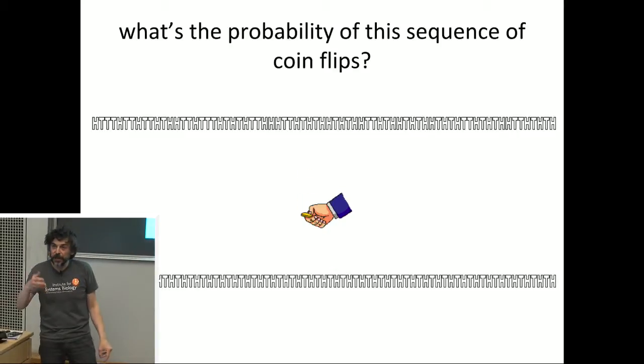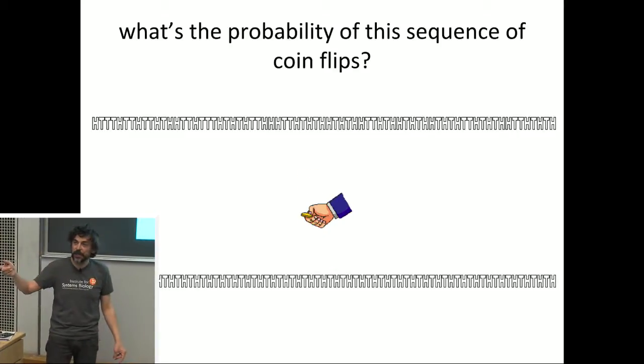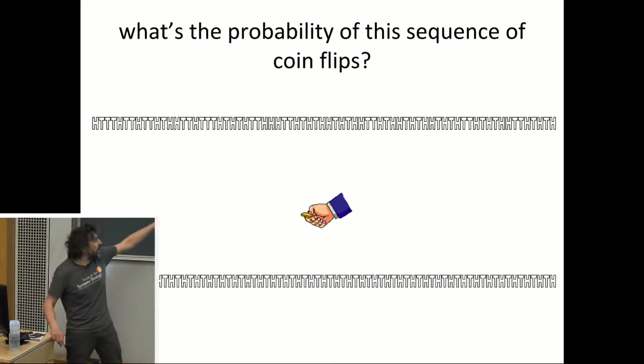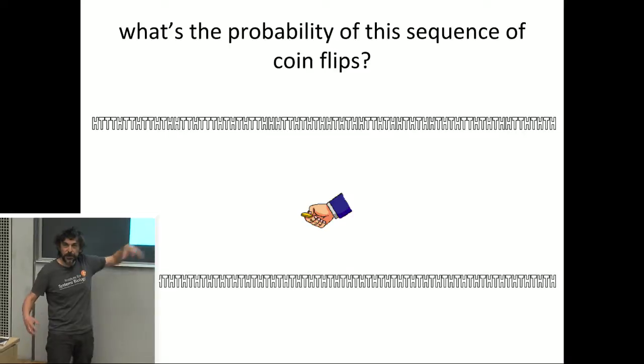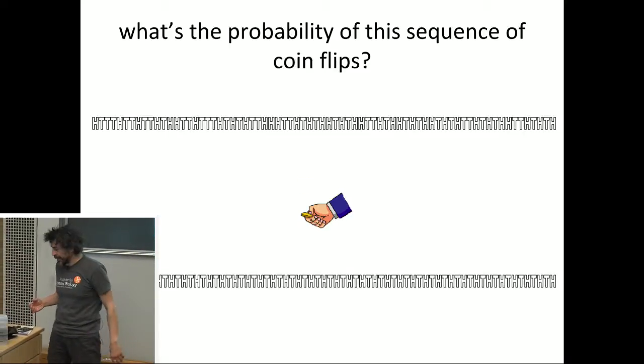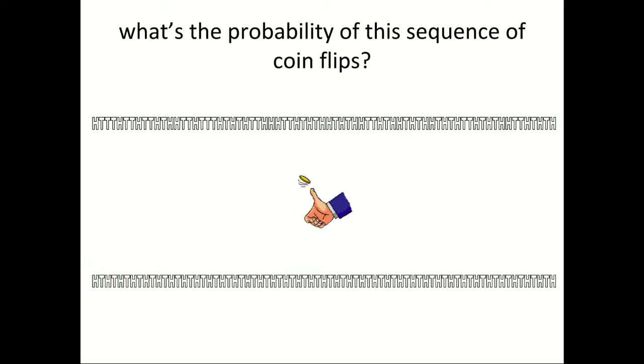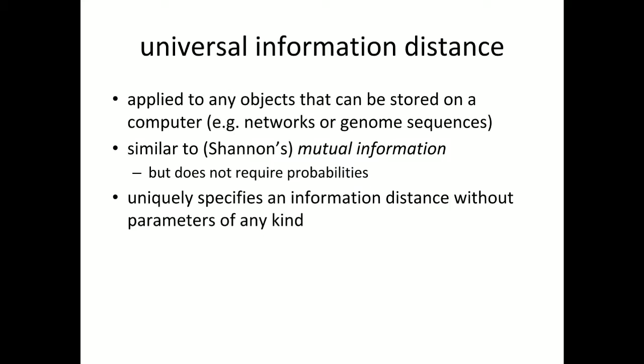I'll just have a for loop with print heads and tails, and it's good. So this has a very small Kolmogorov complexity because it's very compressible, even though the probability of that sequence is the same as the probability of that sequence in terms of flipping coins. Okay. So using this idea, we can define an information distance.